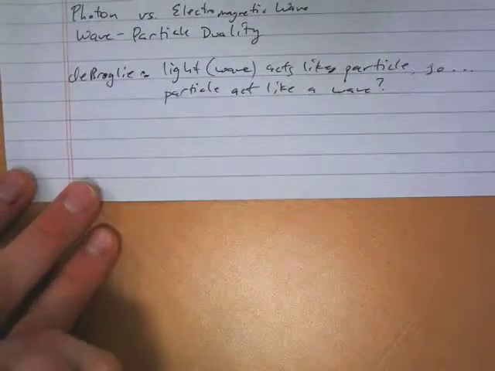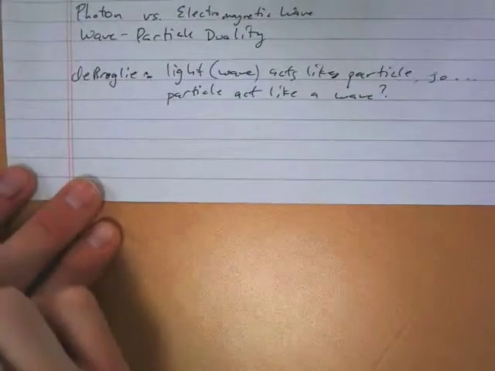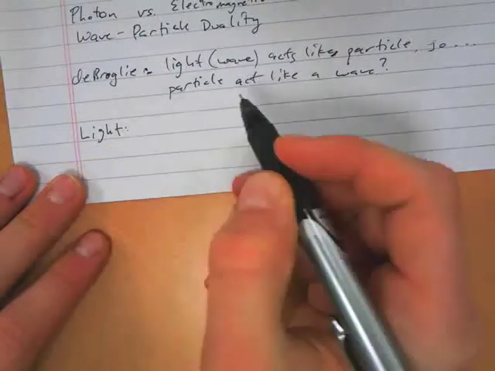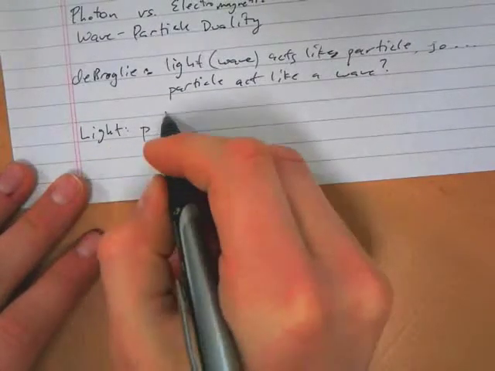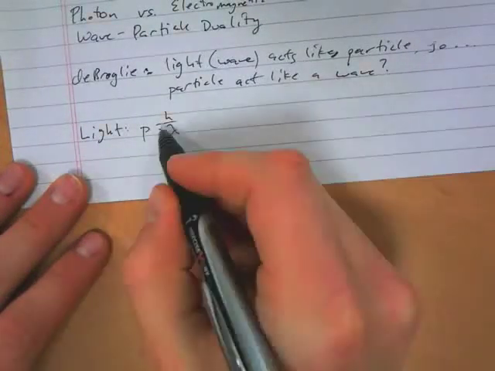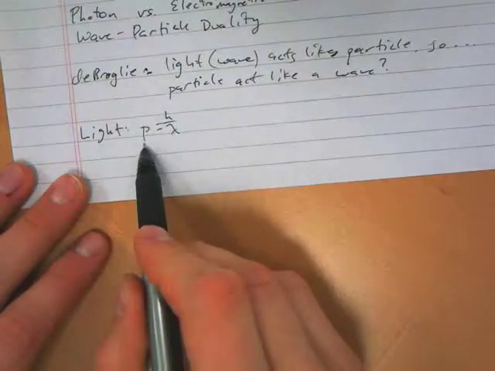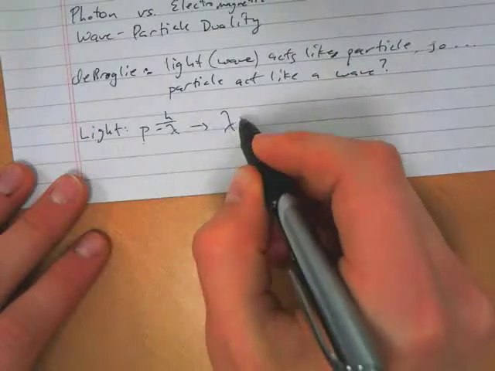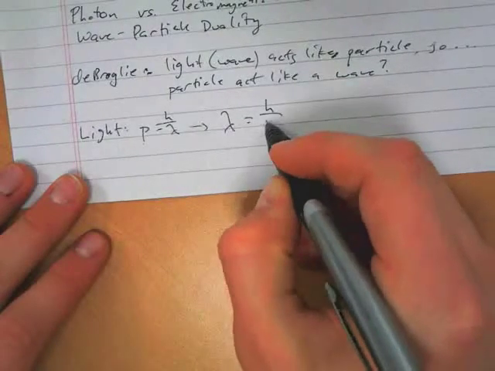And he did some math. Light, we know from the previous video, has a momentum of h over lambda, and one can rearrange this to say lambda is h over momentum.